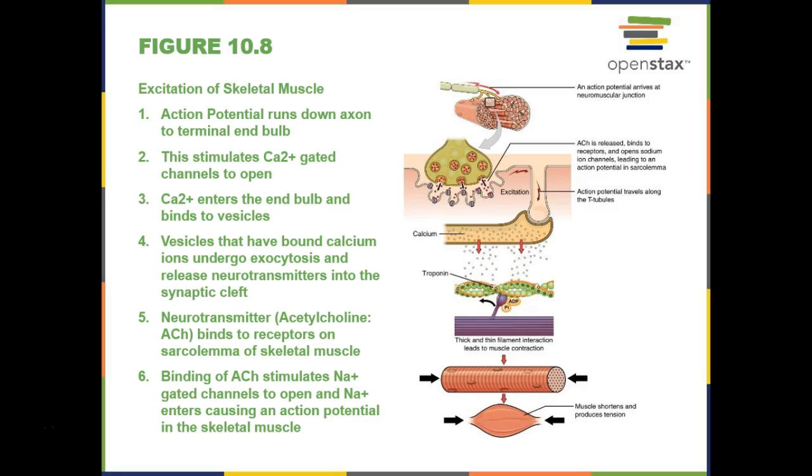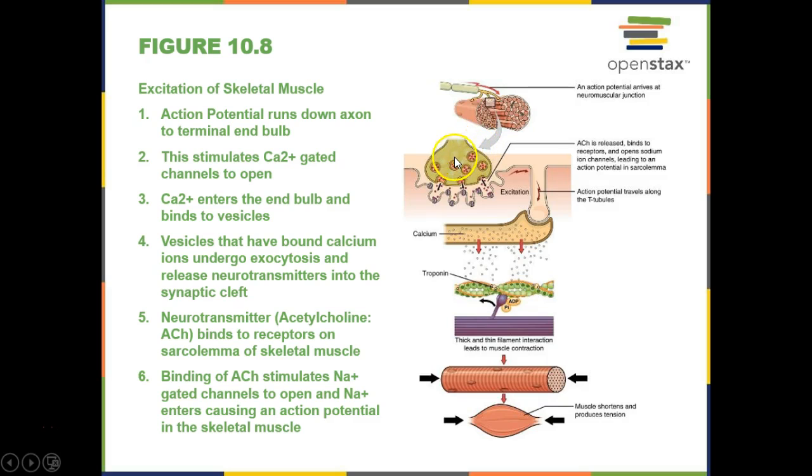So the first thing that's going to happen is here you have that axon end bulb. So there's this axon up here that is receiving a signal. That action potential, which is the signal, is running all along the axon, and it's running to those end bulbs. Once it hits the end bulb, it activates calcium-gated channels.